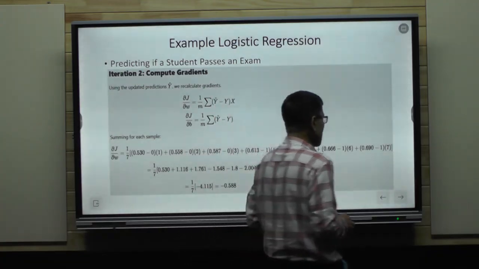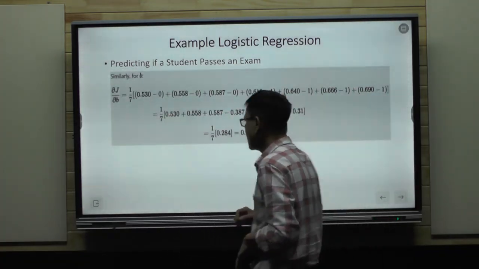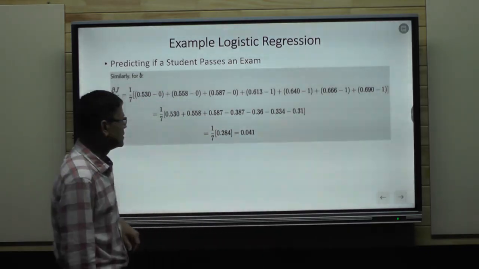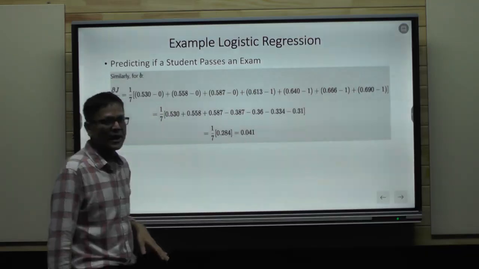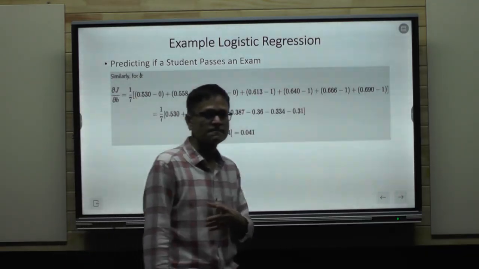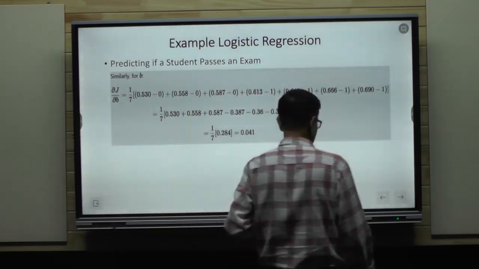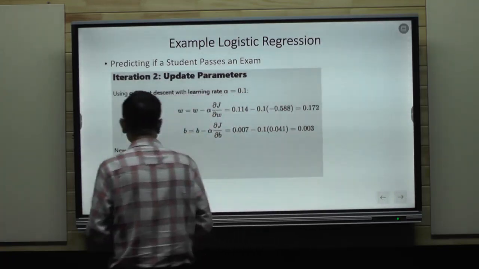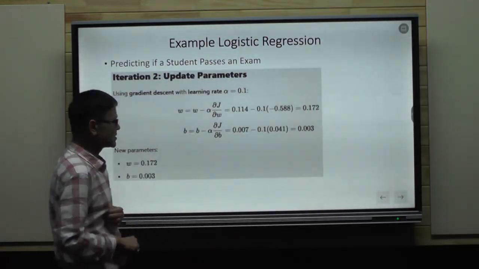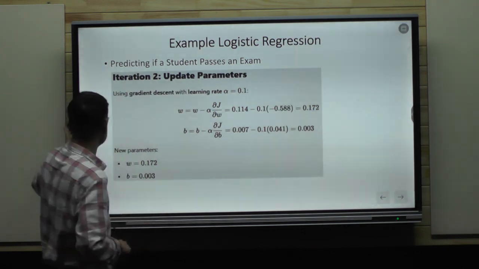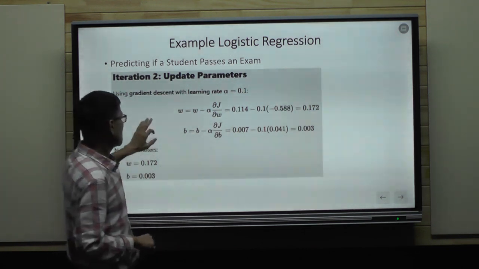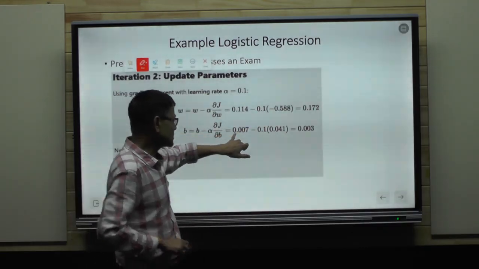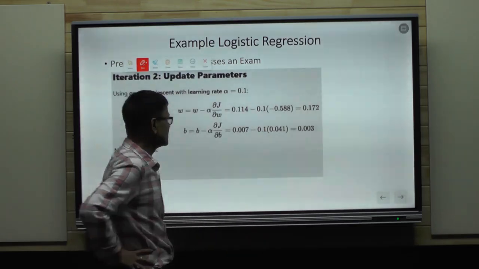Now we will do similar calculations for the bias, and the bias gradient comes to 0.041. When we are calculating the bias gradient, we are not multiplying by the input x. In the second iteration, we will update the weights. Previously we were using the weight 0.114 and the bias 0.007.